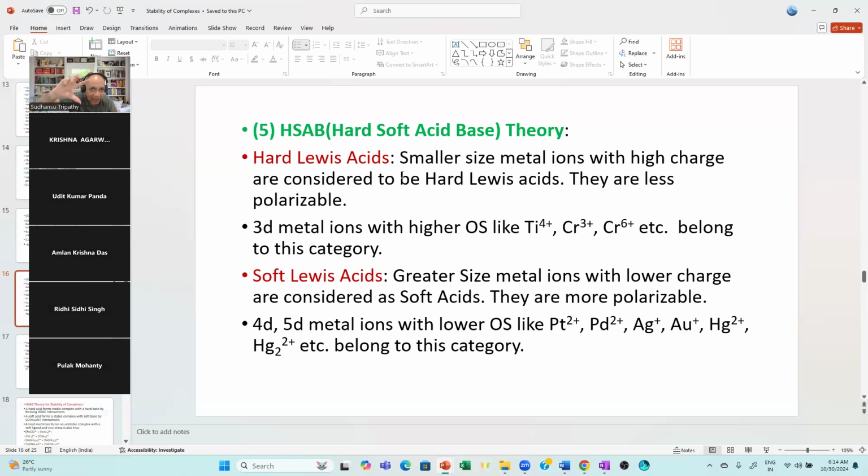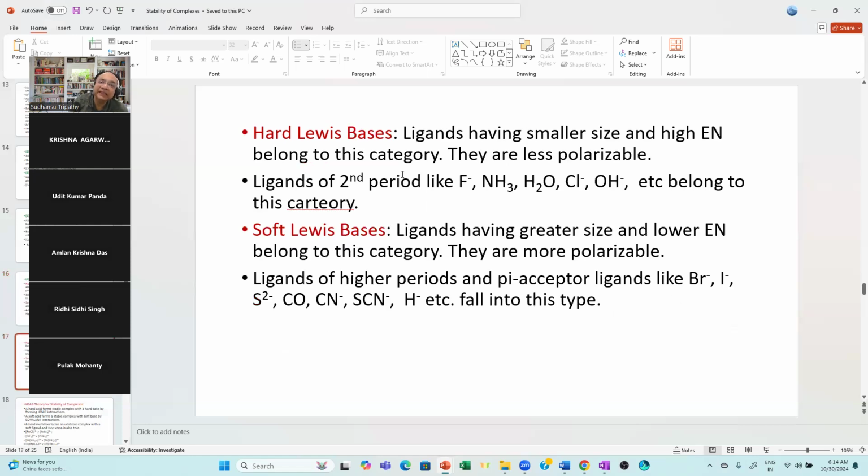A hard base, a hard ligand, is one which is smaller in size, so that it has very low polarizability. Think of Fajans' rule. So it is a small size atom like O, N, not a large size atom like sulfur or phosphorus. The donor atom is small, like fluorido, even to the extent chlorido. Then they are called hard bases.